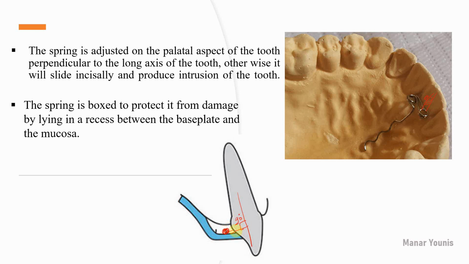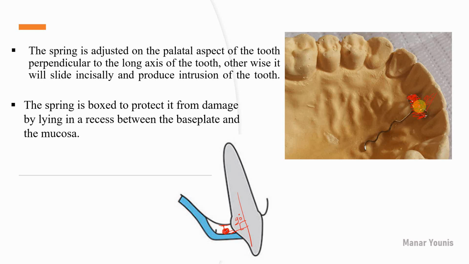The spring is adjusted in the cervical third of the tooth, and should lie about 1 to 1.5 millimeter away from the palatal mucosa. The spring needs to be boxed to prevent distortion. So after completion, before construction of the base plate, the active arm and the coils, all these should be covered with wax.